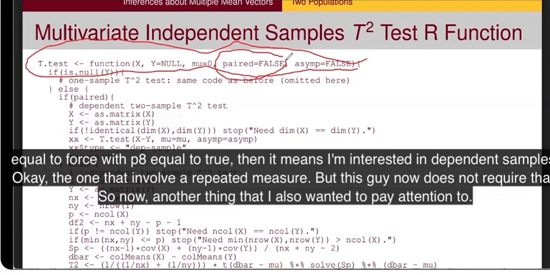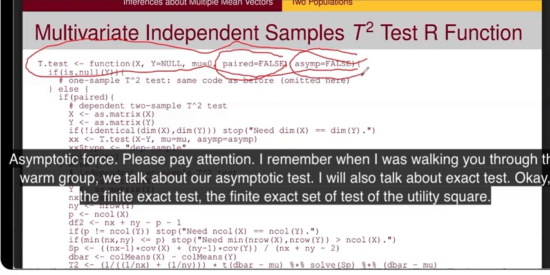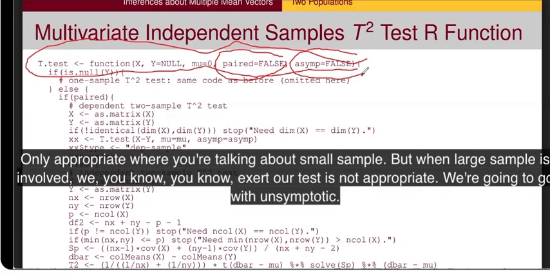Another thing I want you to pay attention to is asymptotic. I remember when I was walking you through the one group, we talked about the asymptotic test. I will also talk about the exact test, the finite exact test. The finite exact test of the T-squared is only appropriate when you are talking about a small sample. But when a large sample is involved, the exact test is not appropriate; we are going to go with asymptotic.